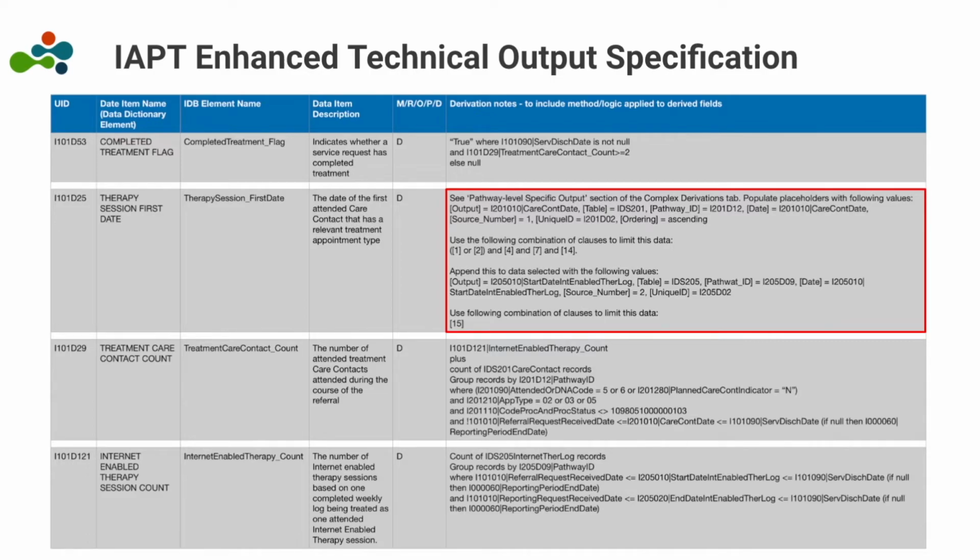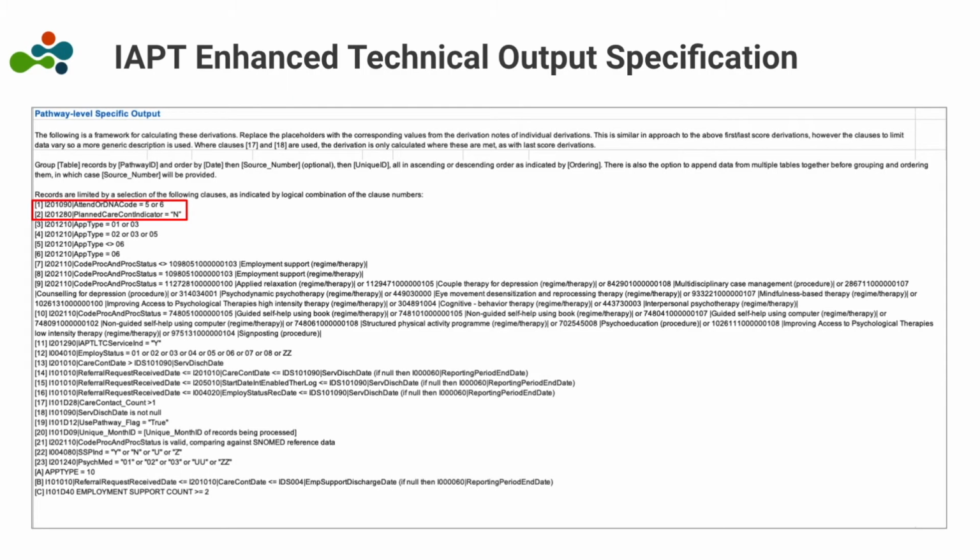With regards to the therapy session first date field, we need to look at two sets of data appended together. Data in the 201 care contact table, limited to records which fit certain criteria, 1 or 2 and 4 and 7 and 14, and these are defined on the complex derivations tab in the spec.